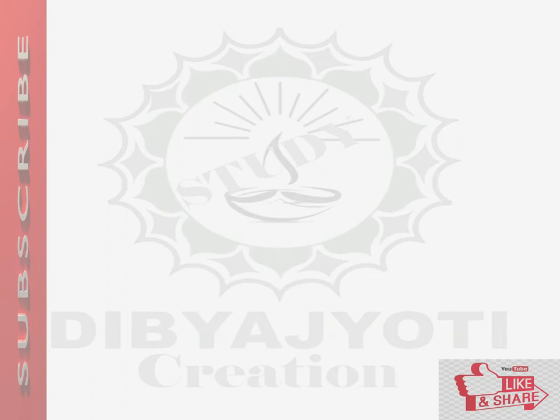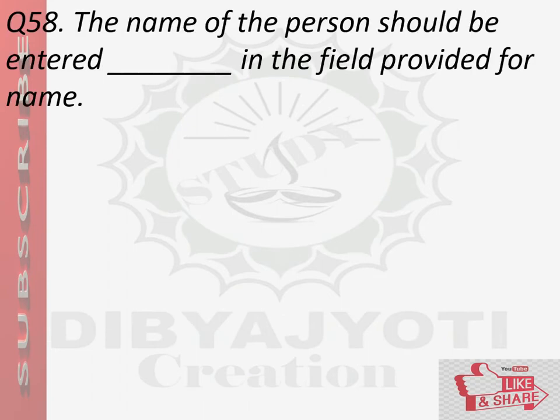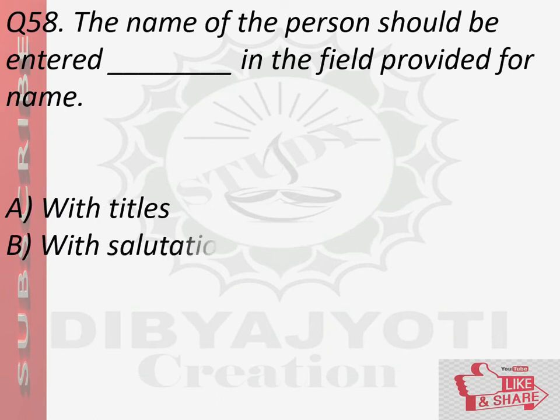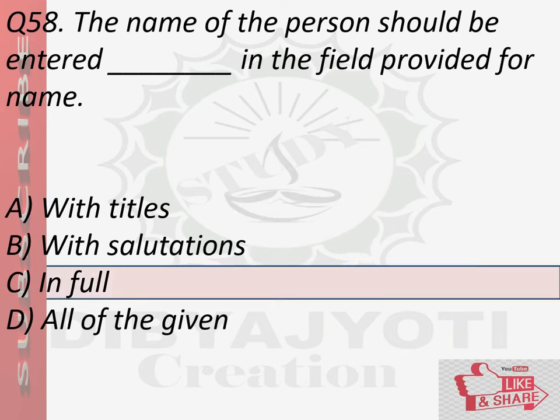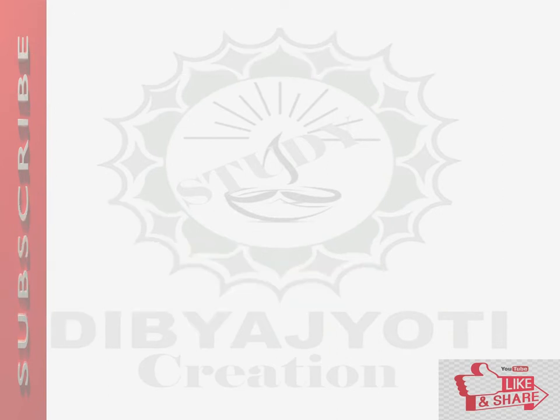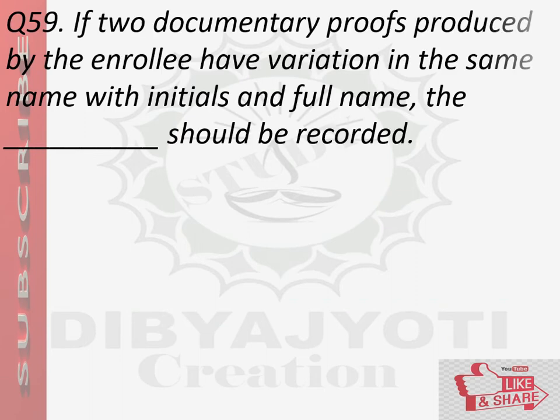Then next, the name of the person should be entered dash in the field provided for name. Options are option A, with titles, option B, with salutation, option C, in full, option D, all of the given, and answer is option C, in full. Then next, question number 59. If two documentary proofs produced by the enrollee have verification in the same name with initials and full name, the dash should be recorded.